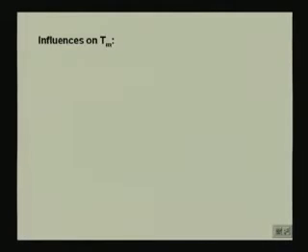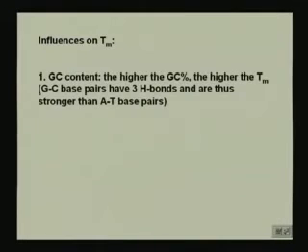So, we have to look at the influences on the melting temperature, the GC content. Now, we know why. Okay? The higher the GC percentage, the higher the Tm, because the GC base pairs have 3 hydrogen bonds and are thus stronger than AT base pairs that have 2 hydrogen bonds.